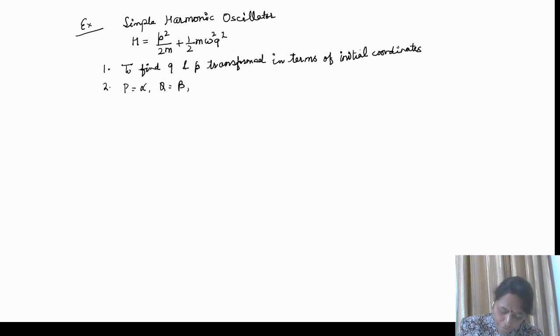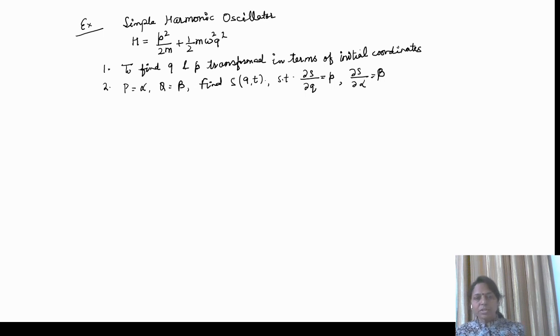So I'll find S, a generating function or Hamilton's principal function, such that S is a function of q and t, with ∂S/∂q equal to p, and ∂S/∂α, because when I take the capital P it will be alpha, is equal to beta. By using these relations, I can find the final solution.